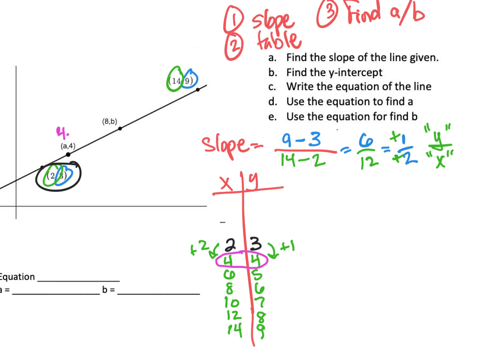So this point is 4, 4. So A is going to be 4. And then here, 8 is with the x. Let's look at our table. I have 8 on my x, 8, 6. So my B, or missing number, is 6. And then now, again, last thing we want to do is find the equation.